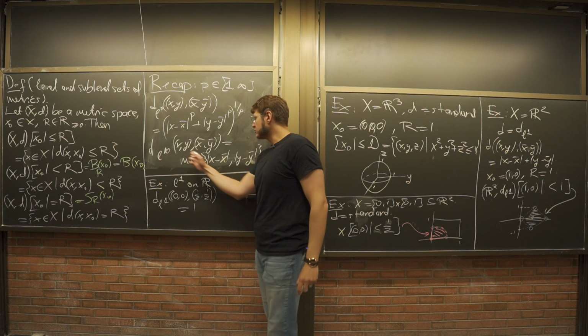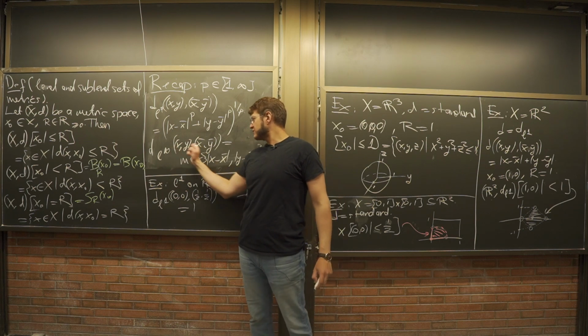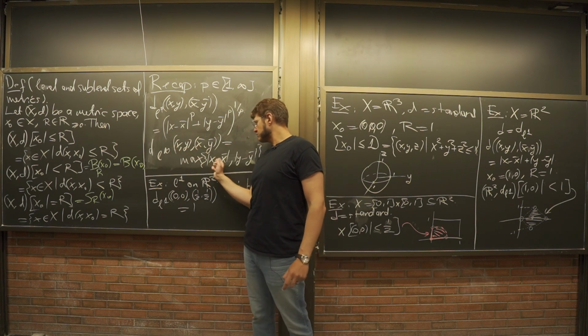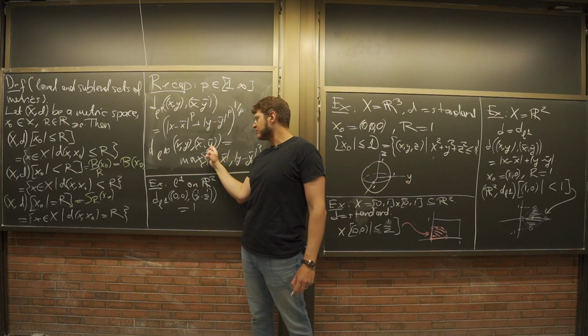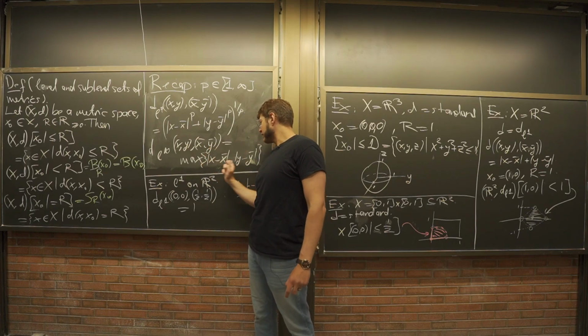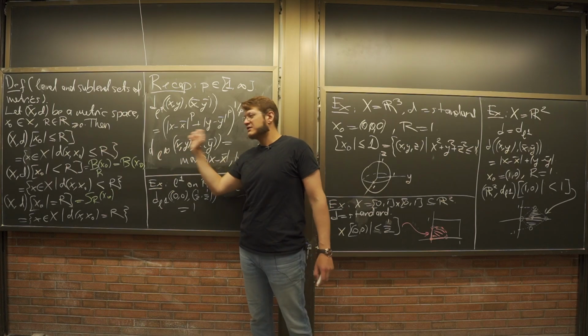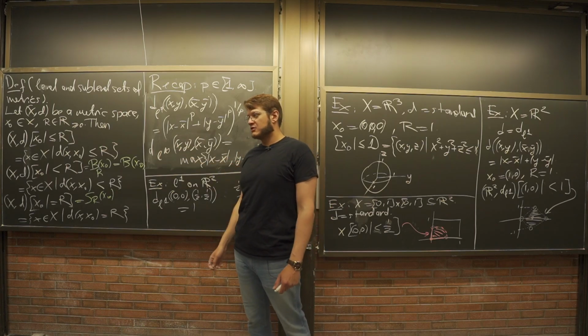You look at the absolute value of the difference of the first components, put that aside. Then look at the absolute value of the difference of the second components, put it aside, and look at the max of these. That's the L infinity metric.